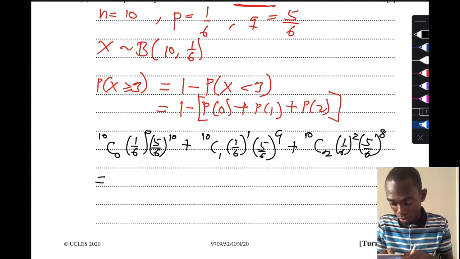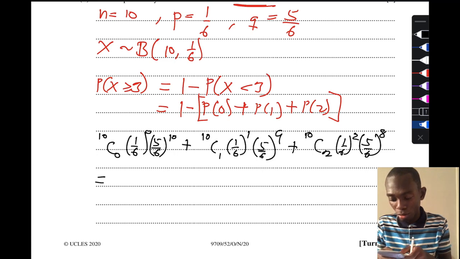Now, 1 over 6 times 5 over 6 to the power 9. Then finally, plus 10 combination 2, 1 over 6 to the power 2 times 5 over 6 to the power 8.